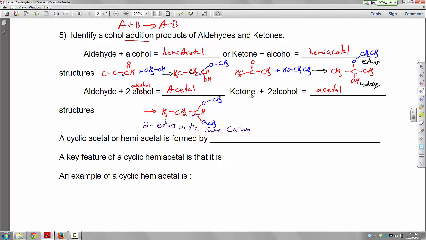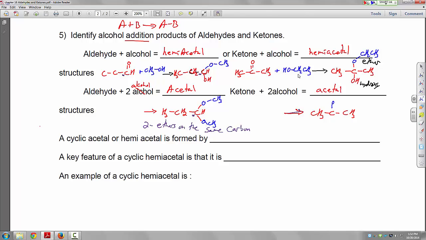You can do the same thing with a ketone and an alcohol. And again, I will just draw the product here. We had our 3-carbon acetone, or propanone. We're going to add 2 molecules of ethanol.